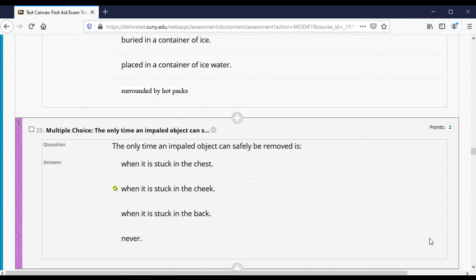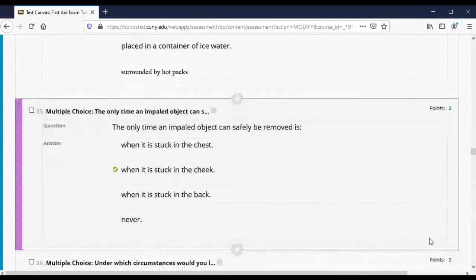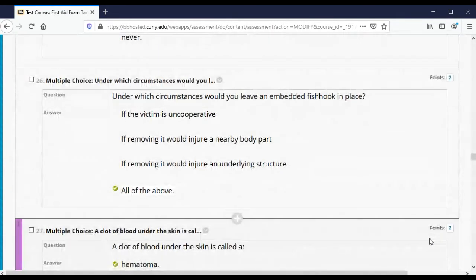That's not a choice that you see right here. Or if this person is in a situation where they have to be transported immediately or rescued immediately, that means life over limb. And that's another case where it's appropriate to remove the impaled part or remove the person from the part that's impaling them.